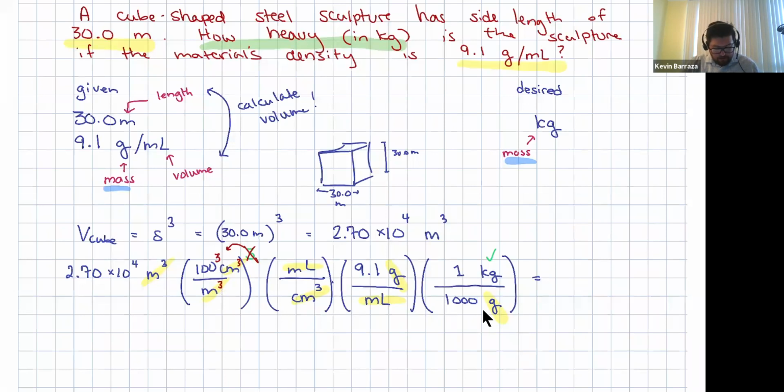And what do we get? It's a fairly large number. I'll give you a chance to calculate it yourself.